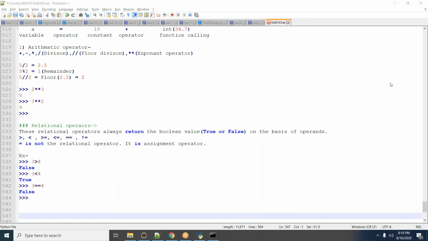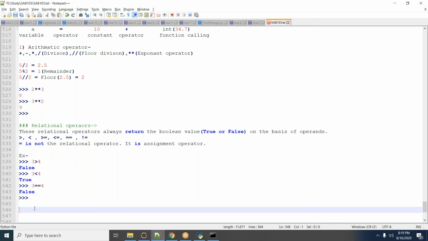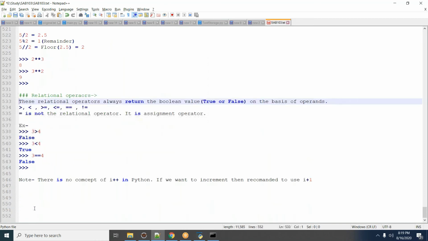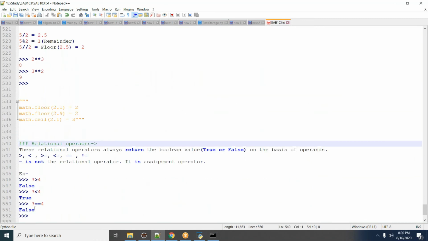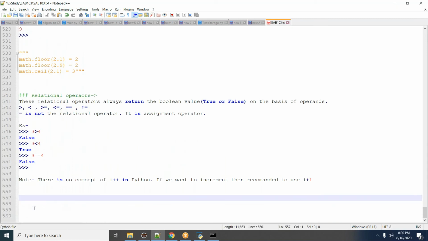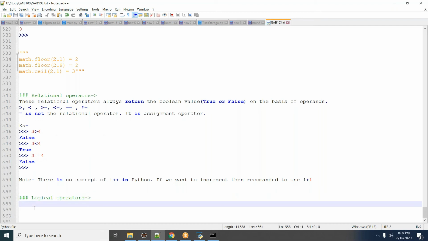So now we are discussing the next operator, which is logical operator. These concepts are required to jump into tough programming, so that's why we are discussing each and every concept.